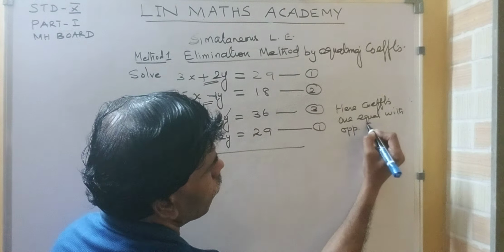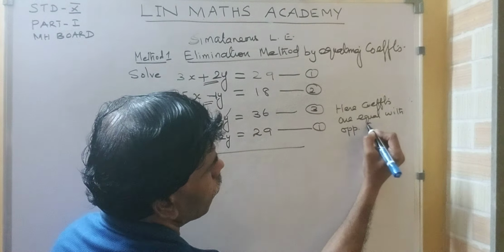For that, what to do? Substituting x equal to 5 in equation 1, we get 3x plus 2y equal to 29.